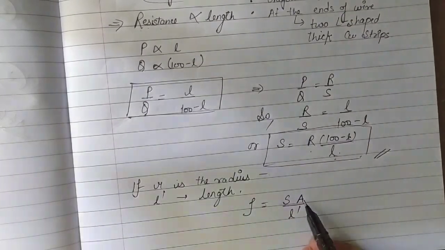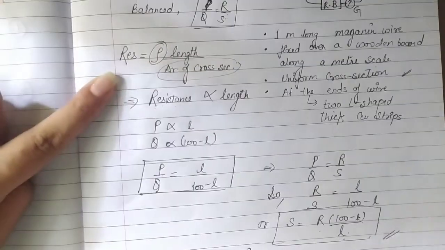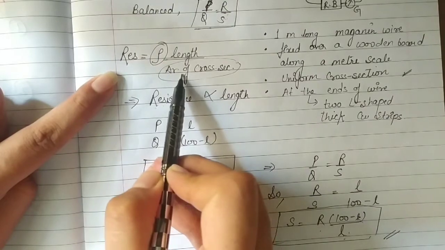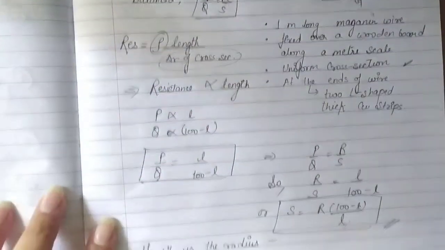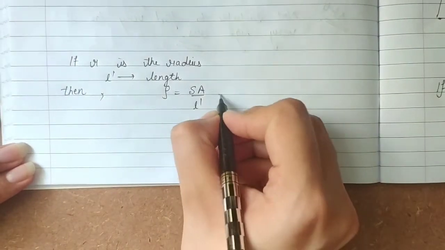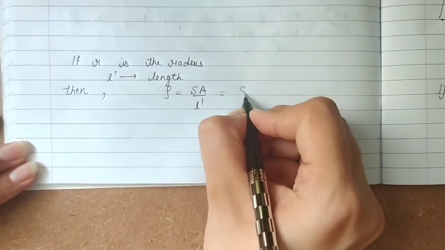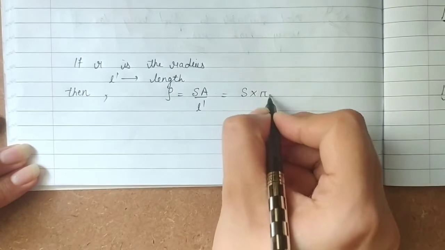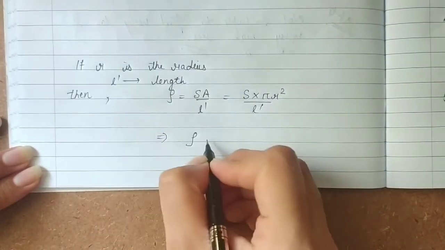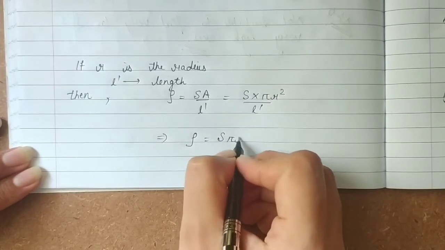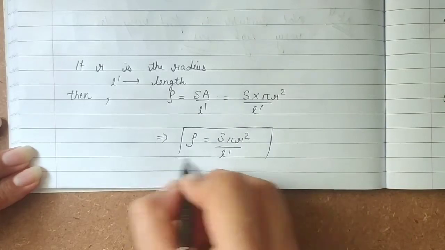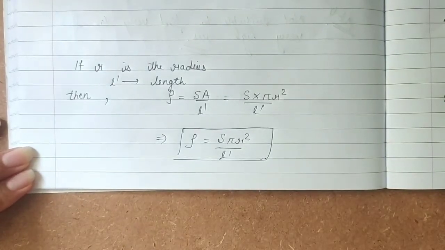As we know that resistance is equal to rho L upon A. So rho is equal to resistance into cross section area upon length. So resistivity rho will be S, means resistance, into pi r square upon L dash. It implies rho is equal to S pi r square upon L dash is the required resistivity of the material, right?